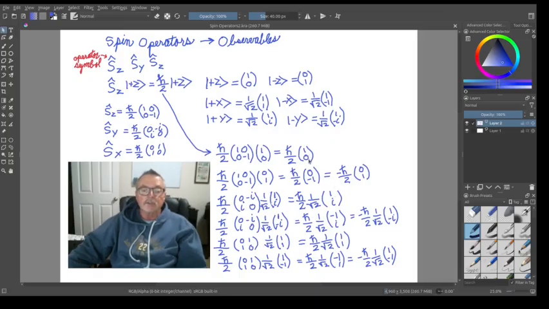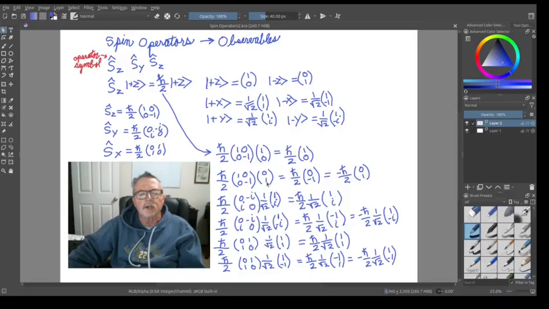Some of these others are not so easy, but let's just keep going and see if we can make it. To calculate this element, we take this row times this column. Now see if you can think through that without me jabbering about it each time. That gives us a 0.